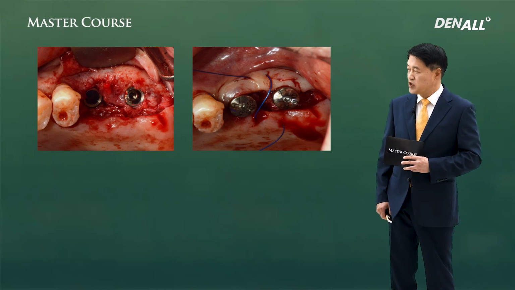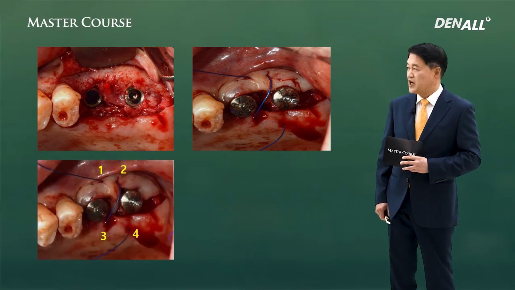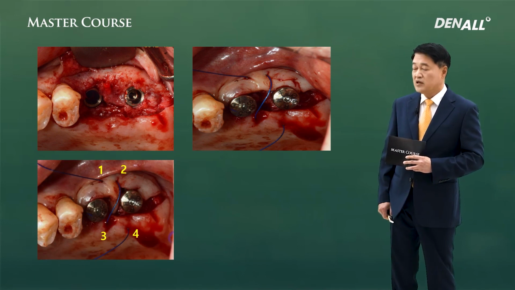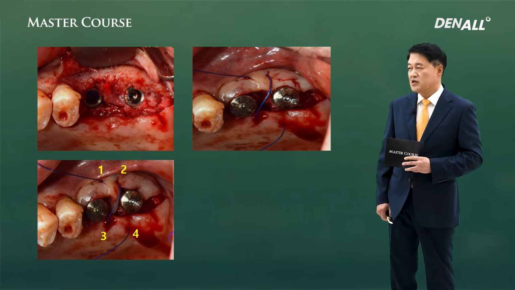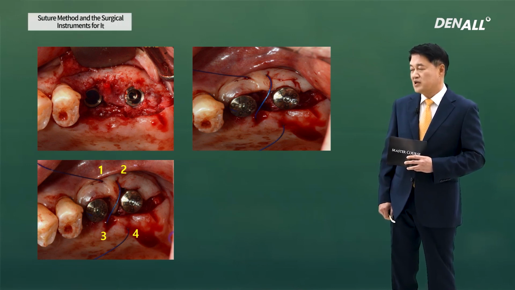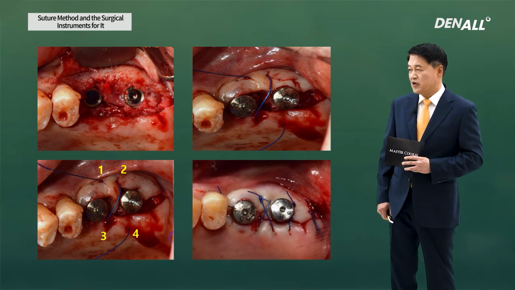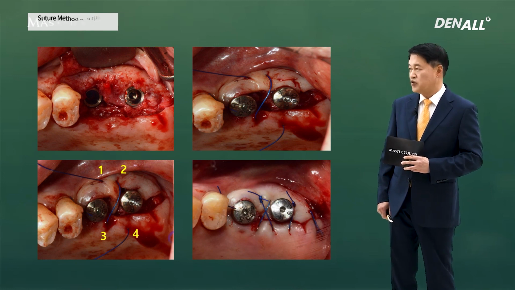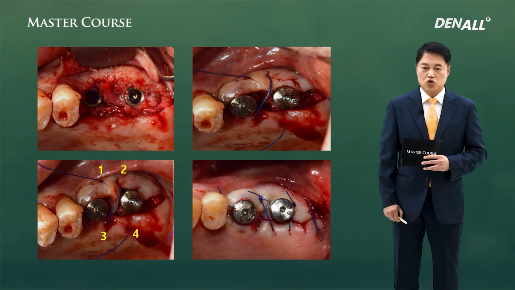So if you have attached gingiva through the palatal flap, you push it to the medial side, and to fix the flap in position, you need an external mattress suture. So you perform the crisscross suture. So medial buccal, distal buccal, and medial palatal, and distal palatal, it goes out, and there's an X shape, and you have the palatal flap that is now pressed and in position. And this was done through the crisscross technique.